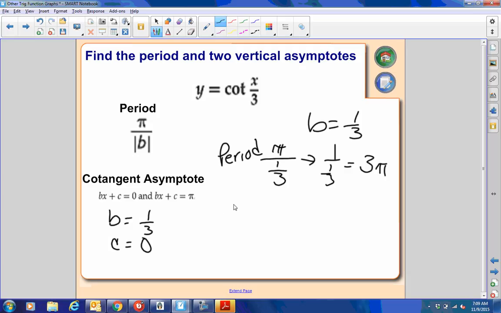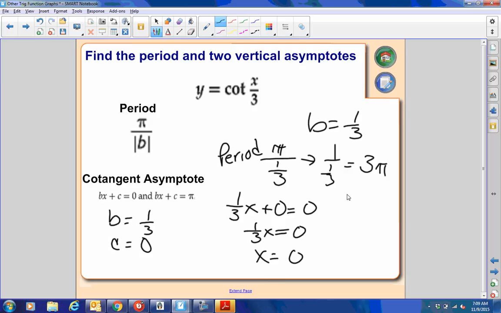So my first one is 1/3 x plus 0 equals 0. So it's just 1/3 x equals 0. And then I divide by 1/3, so x equals 0. There's my first asymptote, x equals 0.